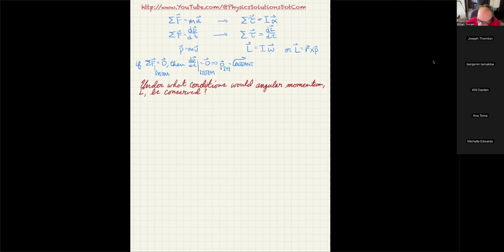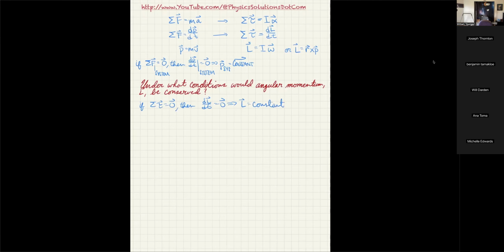Does that help too, Michelle? Yeah, that does. Thank you. No problem. So the analog is exactly what Anna and Joseph said. The analog is if the summation of the torques is equal to 0, then dL dt equals 0, and that implies that L is equal to a constant.